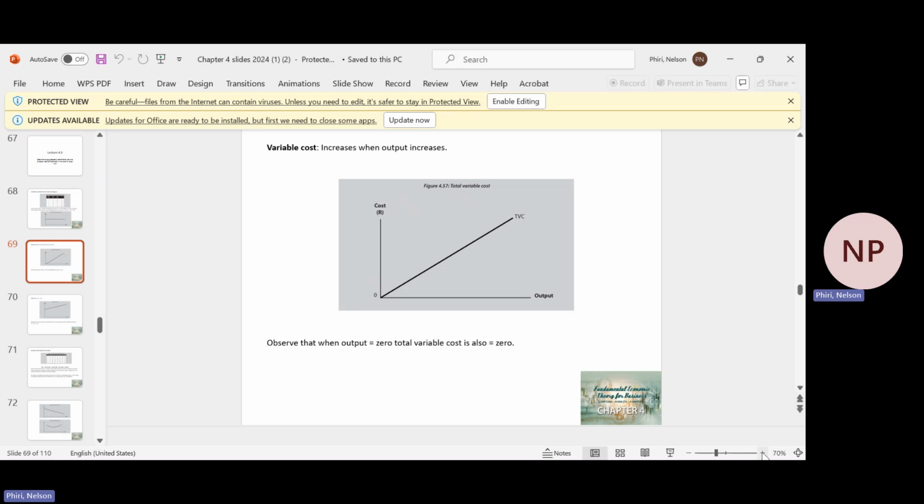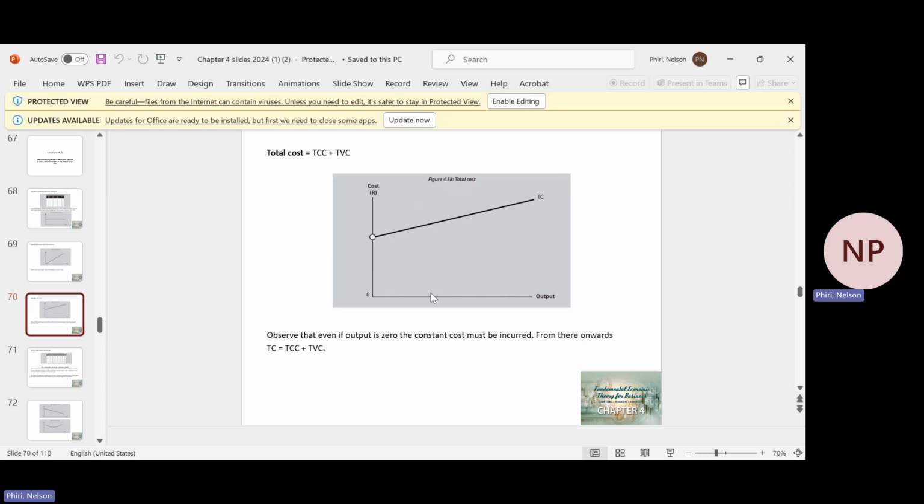When your output is 0, if you're not producing anything, you expect your total variable cost to also be 0. As soon as you start producing, that's when your variable cost also increases. From the graph, it can be seen that your total variable cost increases proportionately with your increase in output. So that is your total variable cost graph.